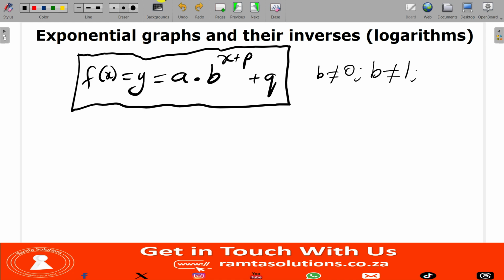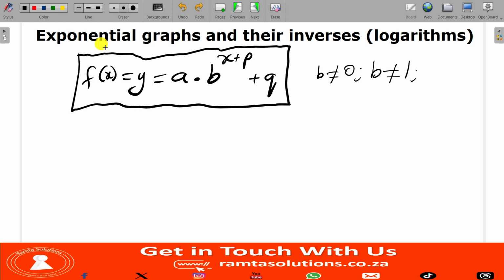And it should not be equal to 1. So these are the conditions that we need for this equation. As you can see, I should have said b is greater than 0.